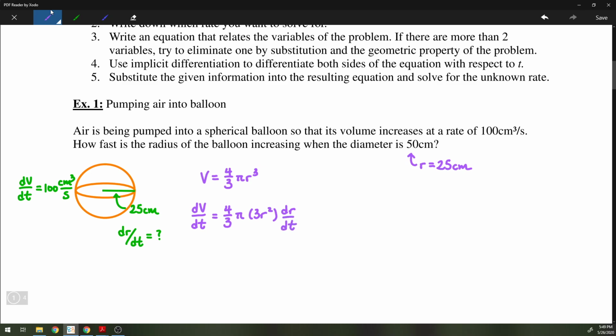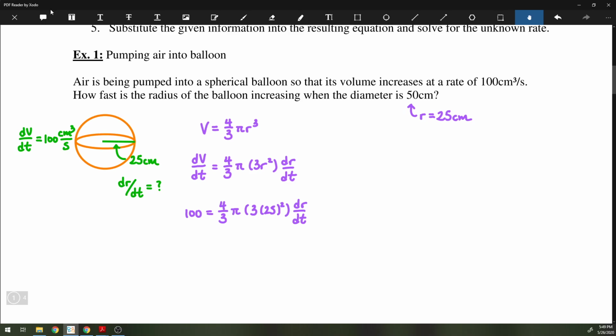In this case, we know what dV/dt is, so we can substitute 100 equals 4/3 pi. And we know we're looking for the rate of increase of the radius when the radius itself is 25, so we can substitute r as 25 here. Then by doing some multiplication, 25 squared is 625, and times 4 is 2500, so we'll have 100 is equal to 2500 pi dr/dt.